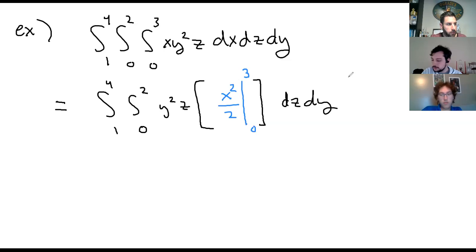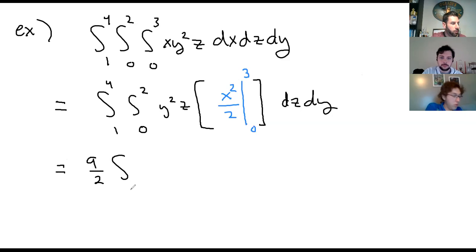When I integrate this, it becomes 3 squared over 2, so that's 9/2, and when I plug in 0, I don't get anything. So I can write this as nine halves, the integral from 1 to 4, and then I'm going to do my z next, so I have this y squared.